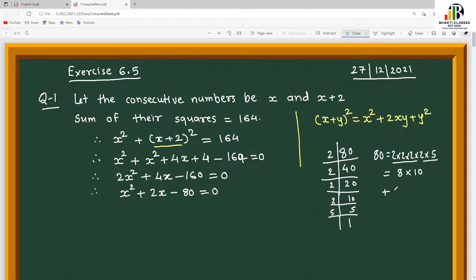It is like plus 10 minus 8, so that our middle term is split like this: x square plus 10x minus 8x minus 80 is equal to 0.